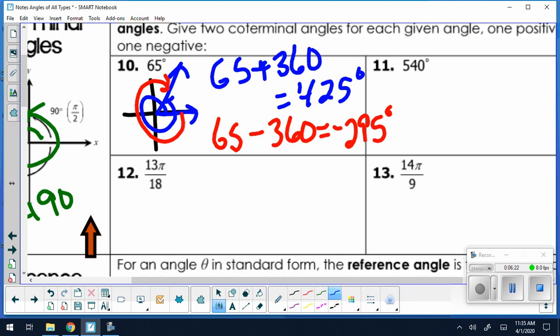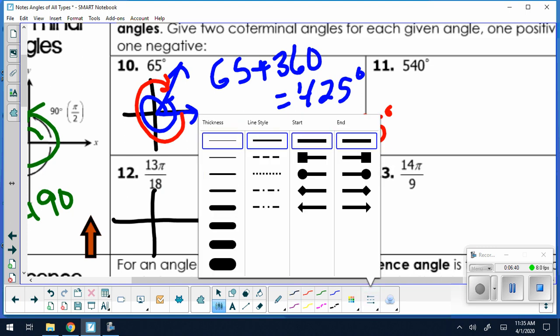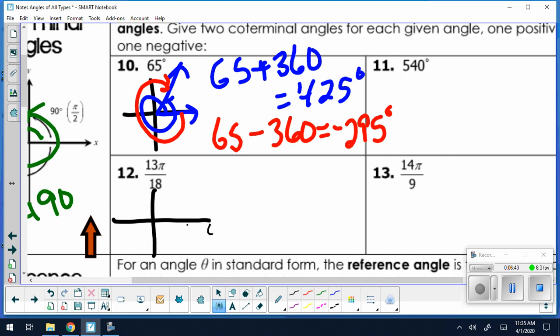Let's first of all decide where our 13 pi over 18 is. This is a little bit odd, so you're going to have to really listen. So 13 pi over 18. Let's do everything in terms of pi over 18. So this is going to be 0. This is going to be 18 pi over 18 because that would be pi.